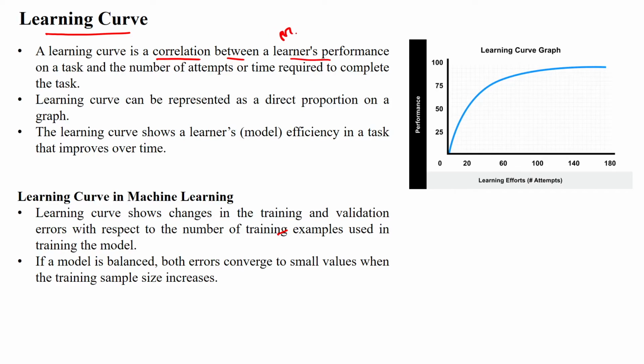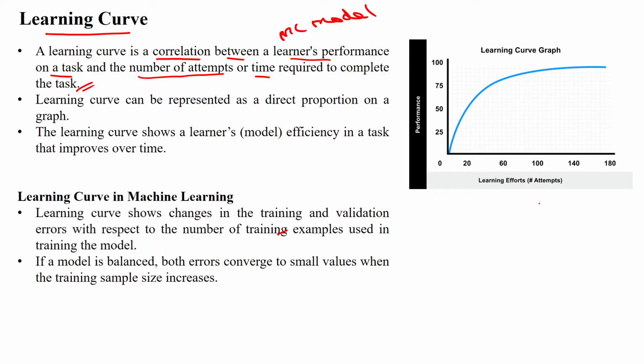Here the ML model is the learner. It provides the correlation between the learner's performance on a given problem statement and the number of attempts or time required to complete the task. Number of attempts in the sense of iterations, right? Number of iterations or time required to complete the task.